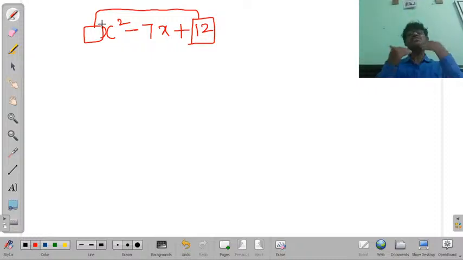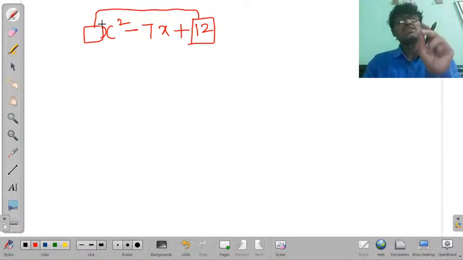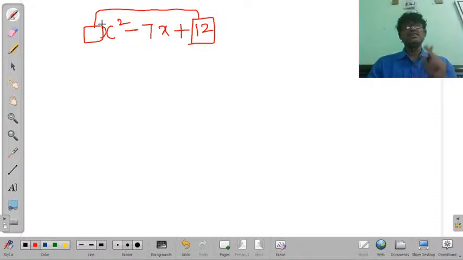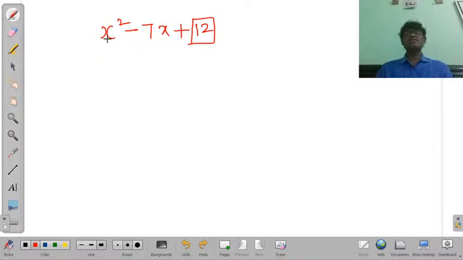The highest degree term in a polynomial is called the leading term. In that leading term, the coefficient is called the leading coefficient. So what is the leading coefficient here? The x square coefficient is 1. So you multiply 1 and this 12. You will get actually how much? 12.